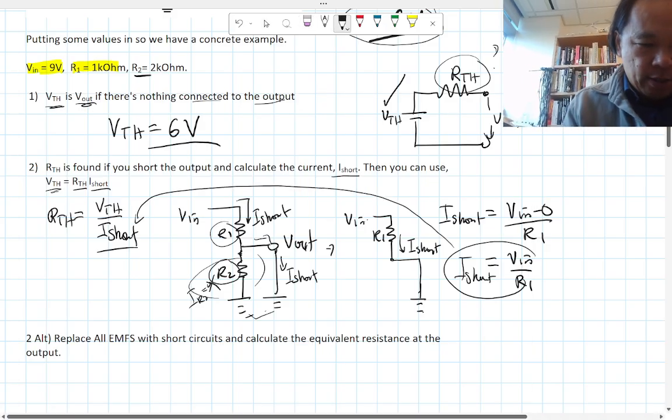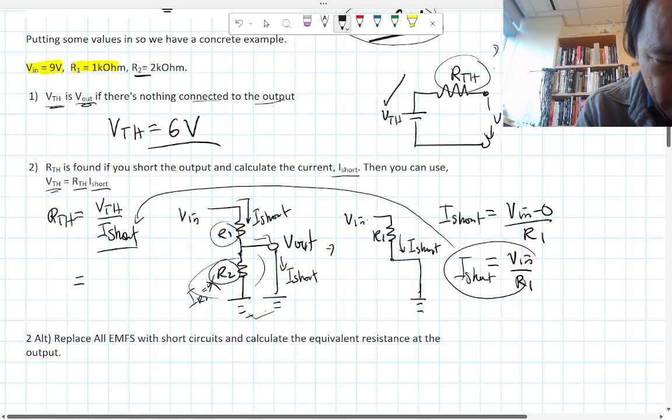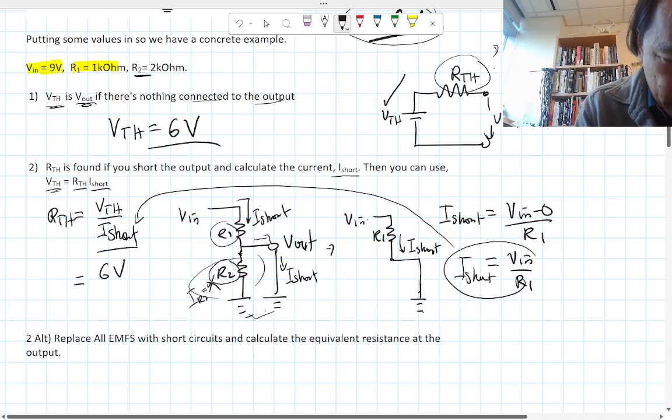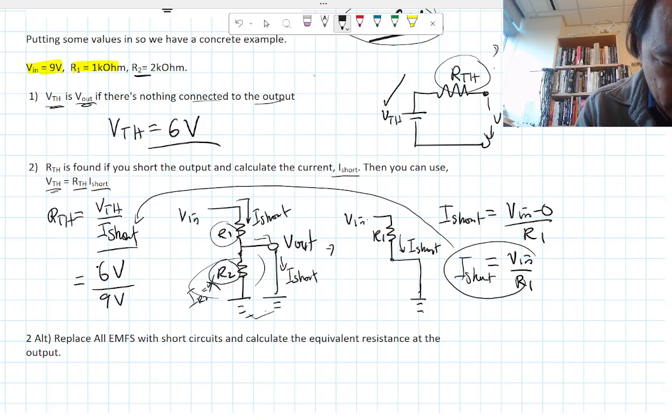So R Thevenin is V Thevenin, which is actually 6 volts, over I short. Vn is 9 volts, and R1 is 1 kilo ohm. What is this equal to?